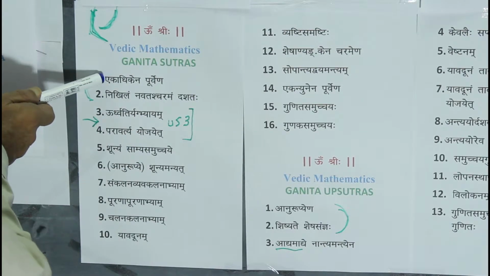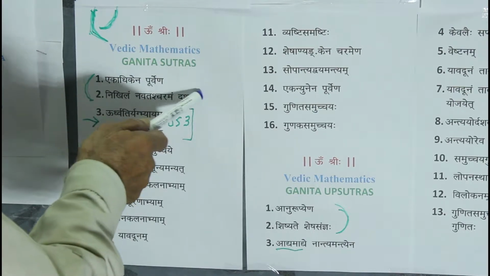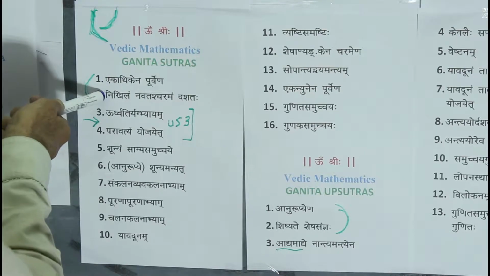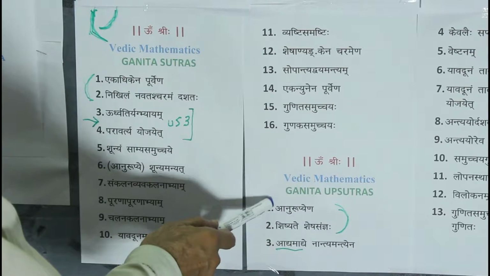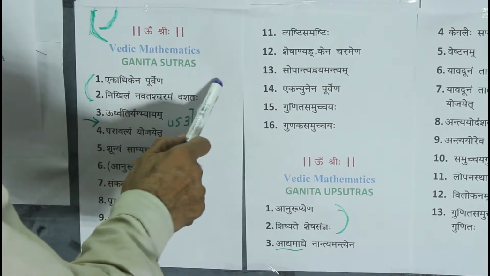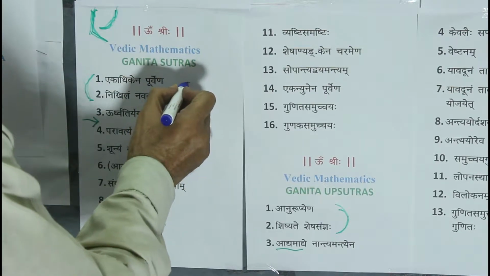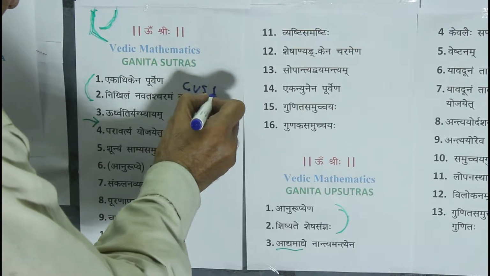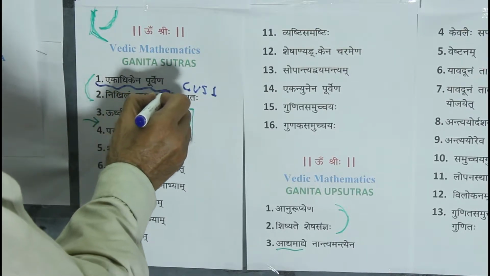This transition from dimonad format to trimonad format is being attained in the form of an augmented text by bringing in Ganita Upsutra 1. Here Ganita Upsutra 1 is brought in, and it bridges this particular gap.